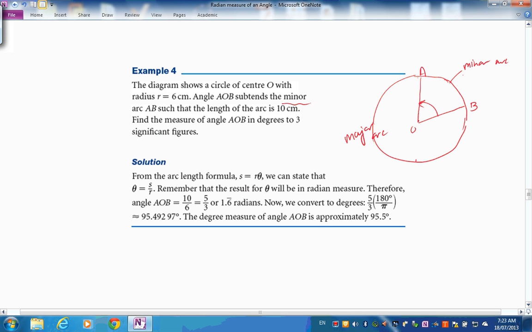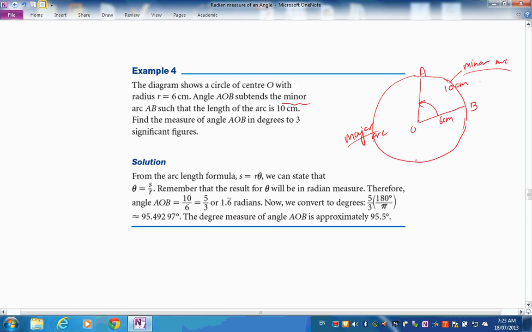So this is a minor arc, major arc. The radius is 6 centimetres, and this is 10 centimetres. So we can make up our own diagram there, and that's pretty important in problem solving. We don't need our XY coordinate system in this problem.